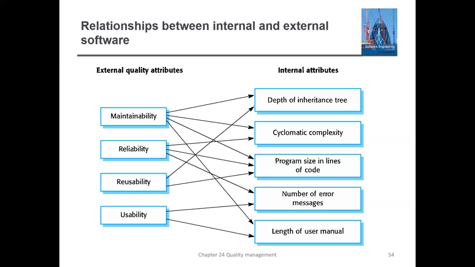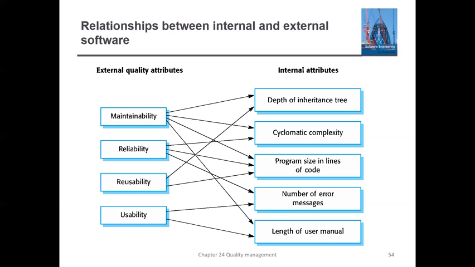The same thing has been written over here, external quality attributes. These are all the attributes which can be viewed by the user or by the developers. Also, these quality attributes can be affected by other factors which cannot be measured directly, which we have to remember. That is the reason these are known as external quality attributes.